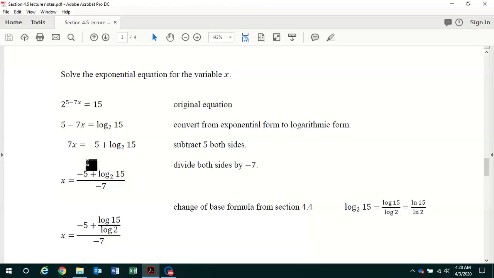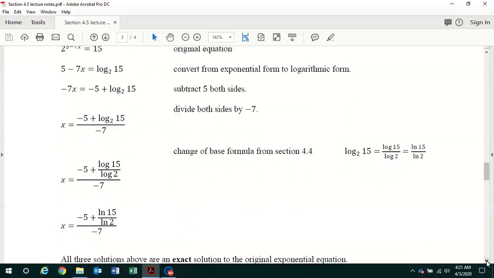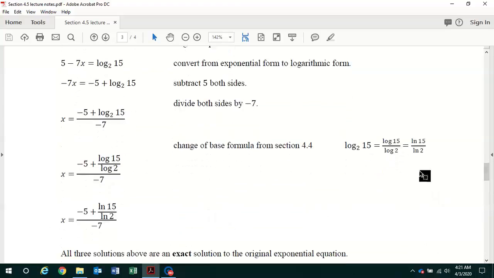And so I replace log base 2 of 15 with common log of 15 divided by common log of 2, and this gives me another representation for the exact solution. Well, if instead of using the common log, I use the natural log in replacing log base 2 of 15, I have this exact solution to the problem up above.